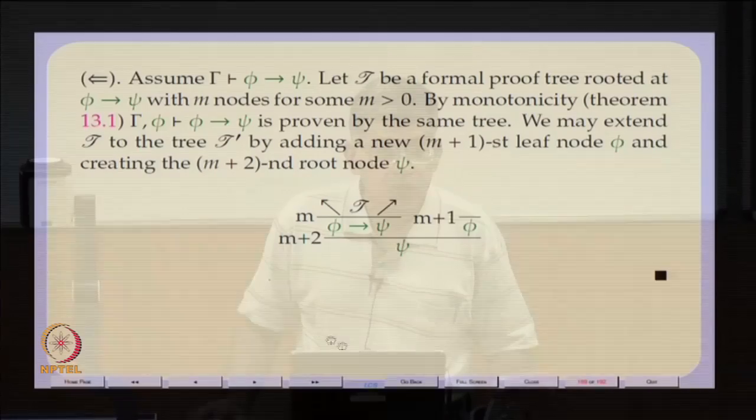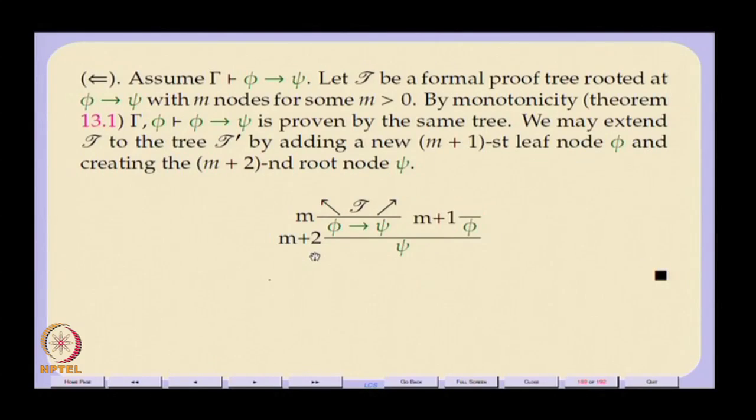So, we will define provable inconsistency in terms of that. In fact, we will define that a set of assumptions is inconsistent if and only if every formula in the language can be proven from that. In that sense it is still consistent with monotonicity.